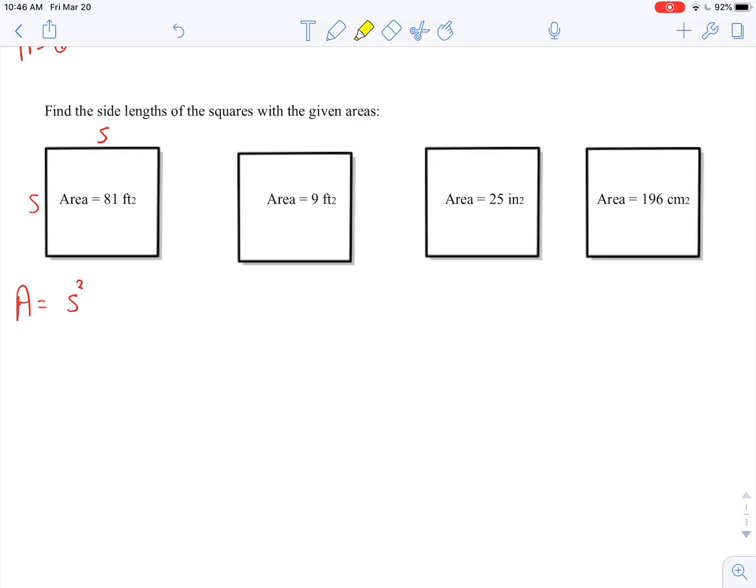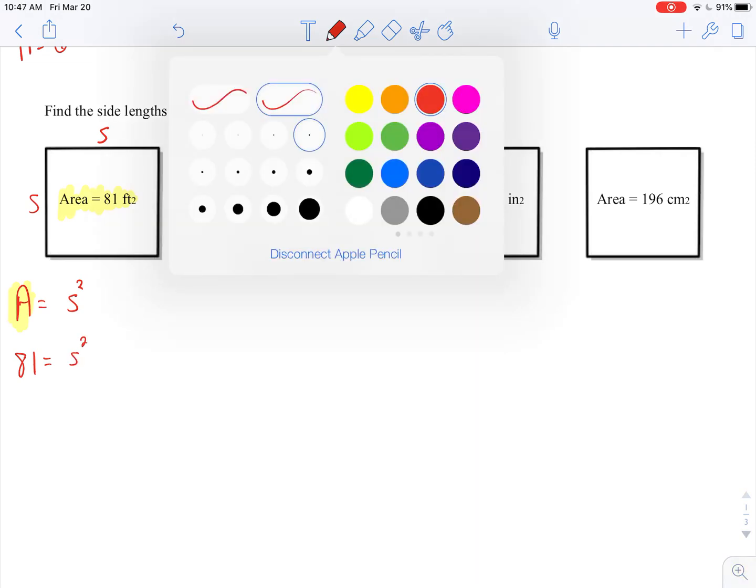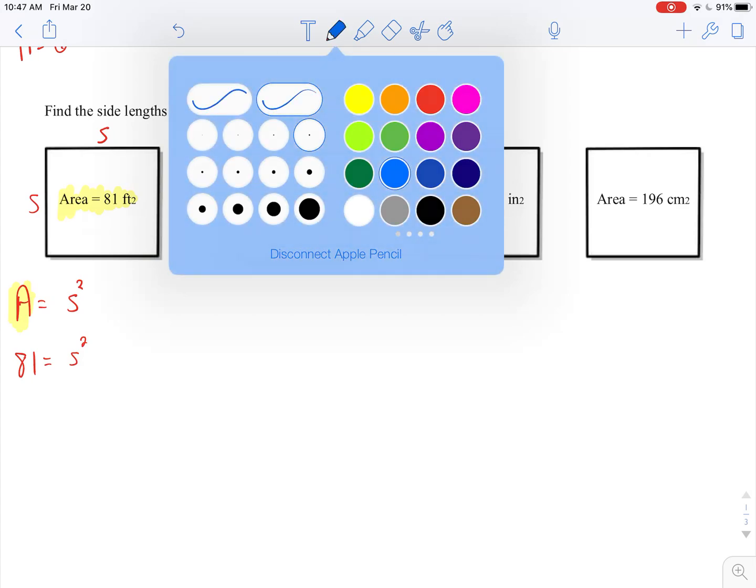So if the area equals side squared, well then how do I find the side length? Okay, well, let's think about what am I given? I'm given the area. And where should I plug in that area? Where should I substitute that 81 into my equation? I should put the area value where area goes. So 81 equals the side length squared.